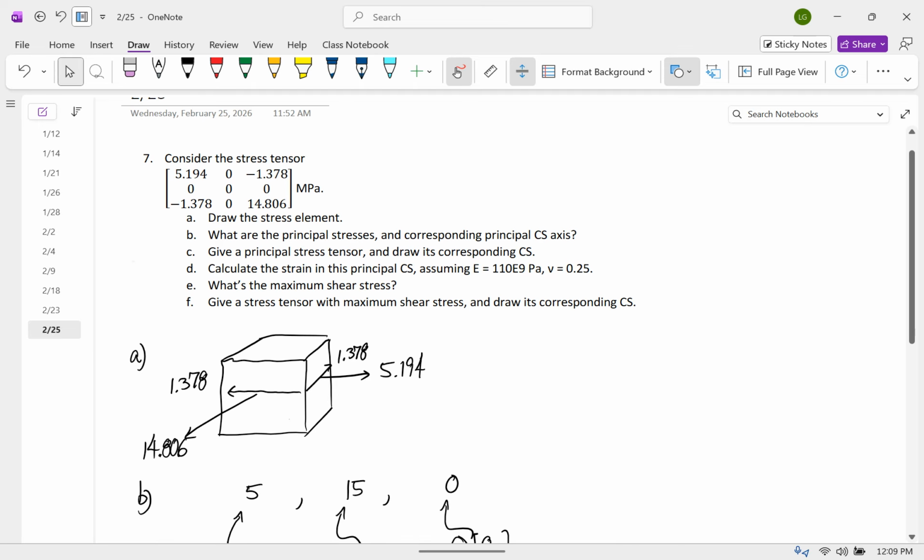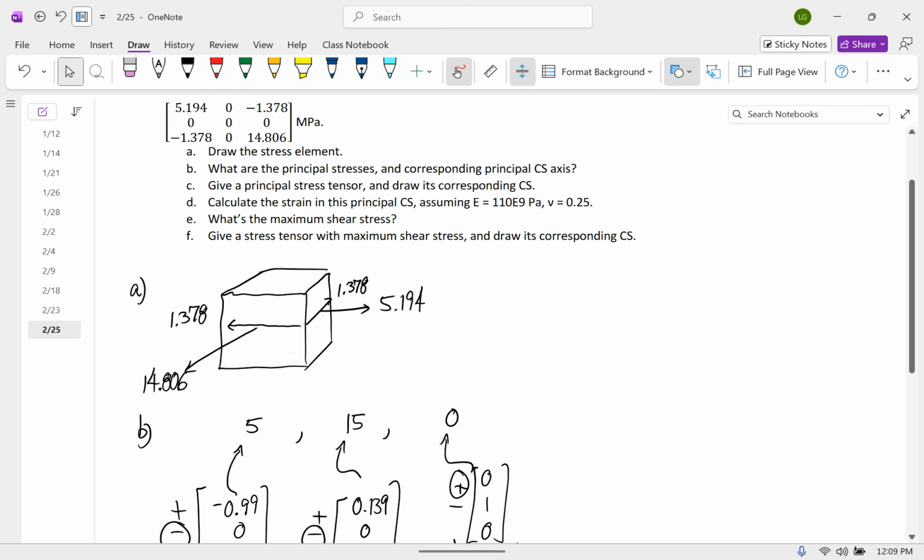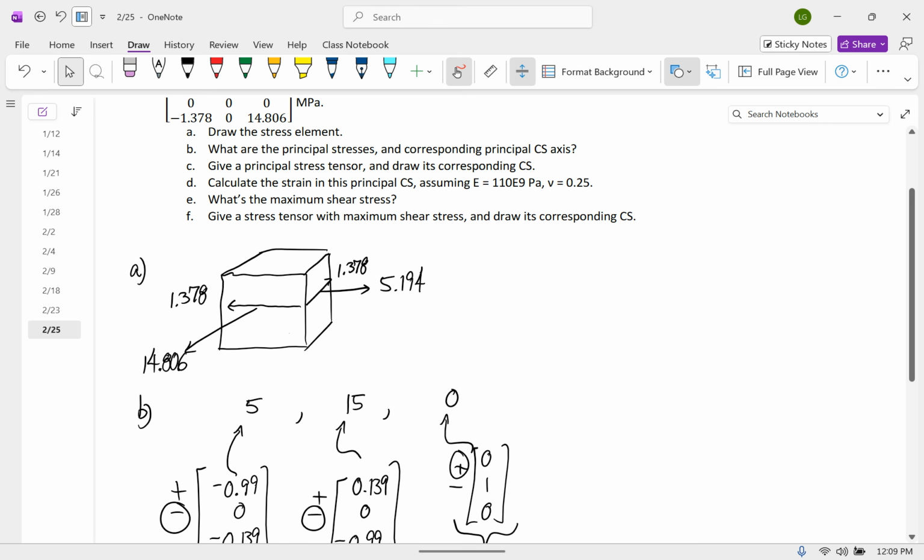Now calculate the strain. I don't know if I have compliance programmed. Oh, I do. So I'll enter my compliance matrix for 110 times 10 to the 9 and then 0.25.